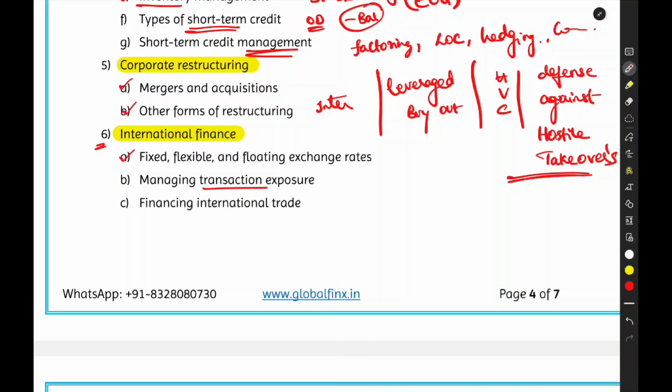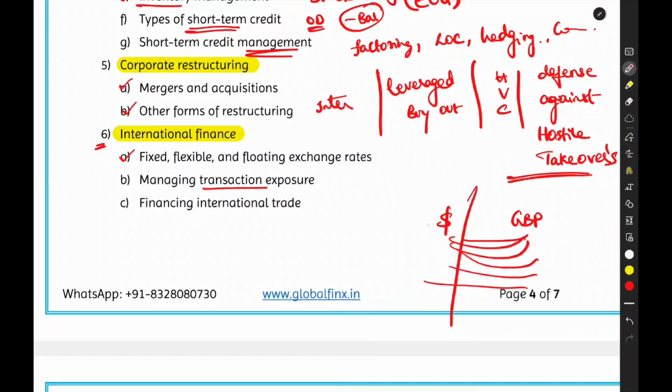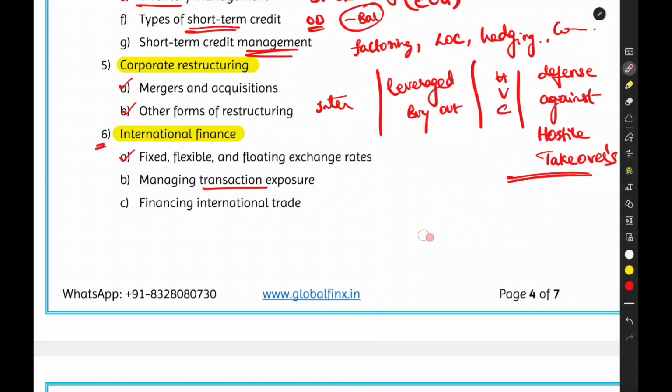On the other hand, if I'm preparing a consolidated balance sheet, where the subsidiary is in GBP and the parent is preparing its financial statement in dollars, all the GBP values should be converted into dollars for the balance sheet preparation. That is called a translation. Transaction versus translation is one topic that we'll cover.